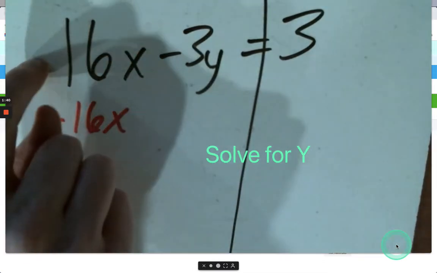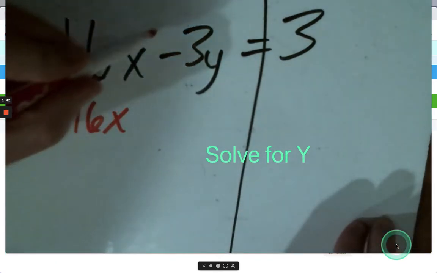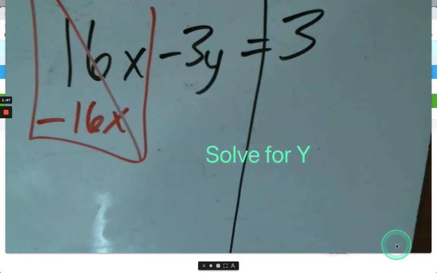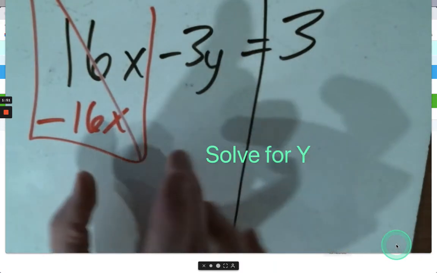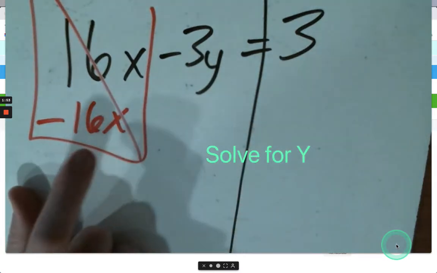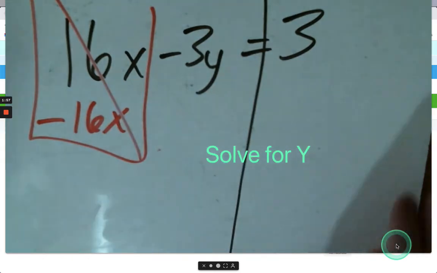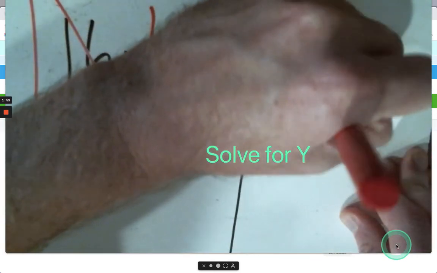If I had 16x's and I took 16x's away, they'd be gone. But the rule, as you remember from Mr. Neville last year, is I'm only allowed to subtract 16x on the left side if I do the same exact subtraction of 16x on the right side of the equation.